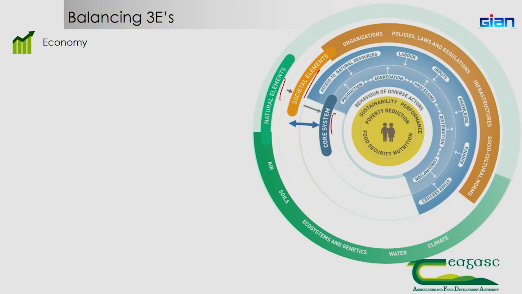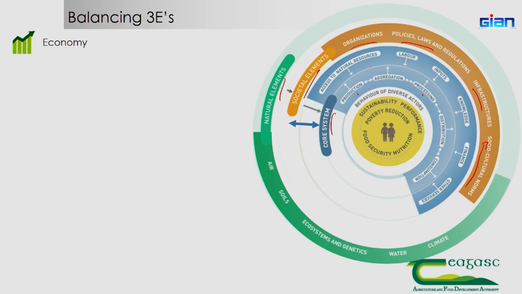Water is renewable. Ecosystem, genetics, climate, soil, and air. All these are natural elements. Societal is organization, policy, law, regulation, infrastructure, socio-cultural norms. And then you have the core system related to production, aggregation, processing, distribution, consumption. These can be changed. These are just a generalized version of the system.